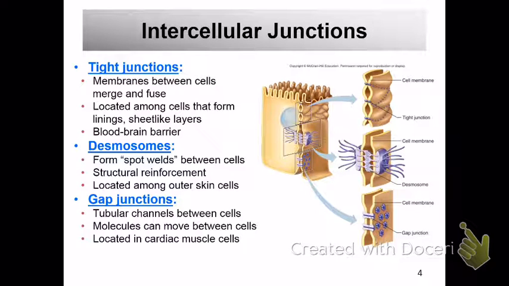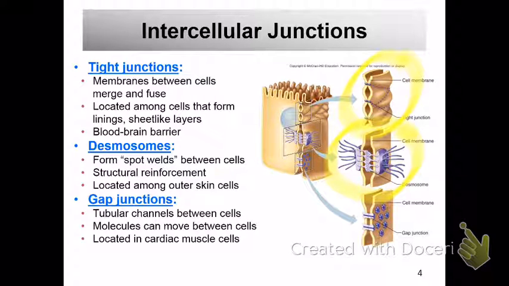Okay, so let's talk just about how cells actually communicate. So you've got 2 cells right beside each other. Well, the tight junctions, if you look at the picture, are these things over here. They remind me of glue dots. So they're sticking the cells together. They make it sheet-like, so the membrane between cells merges and fuses. Okay, the desmosomes right here, they remind me of Velcro.